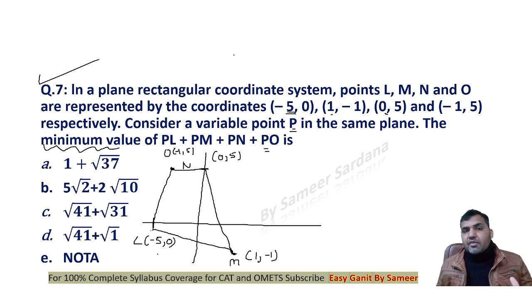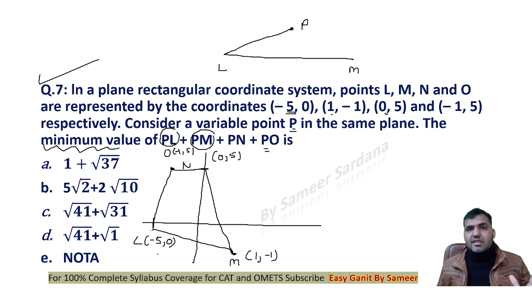Guys, see this. If I say that this is L, this is M, and I take a point P here, now PL plus PM, right? If I want to minimize the length of PL plus PM, the point P can be taken here. You can also take the point P here, right?